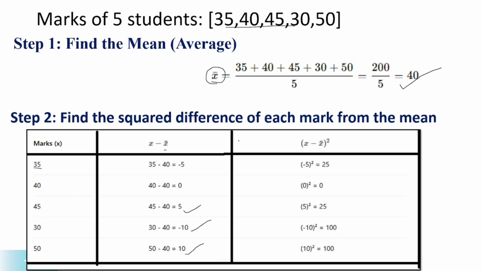After that, in the third column, you find the square. Minus 5 whole square is 25, because minus into minus becomes plus. 0 square is 0. 5 square is 25. Minus 10 square is 100, and here also 100.